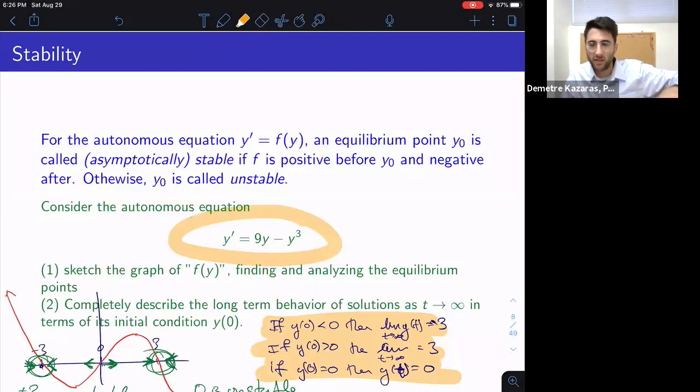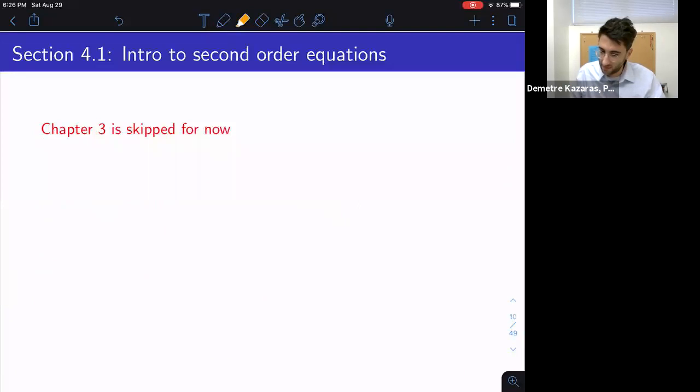All the long-term behavior just comes down to looking at where that function is positive, negative, and 0. That's the upshot, and the only thing you would be asked to do from that section. Okay, so let us move on.